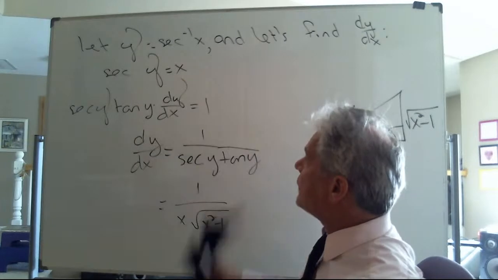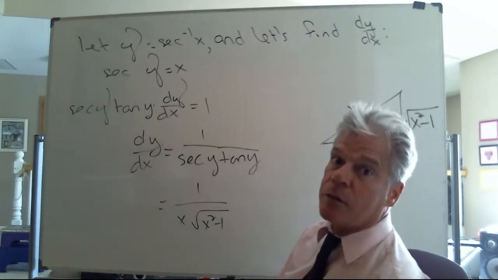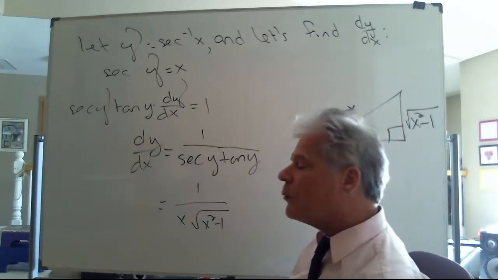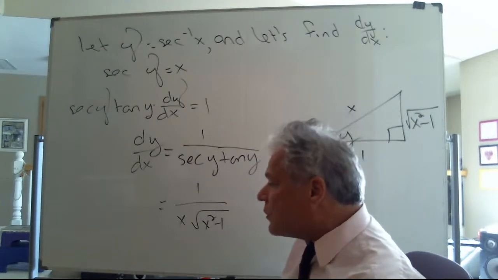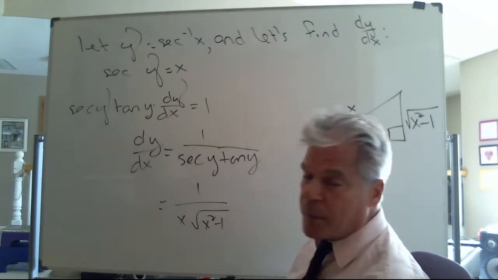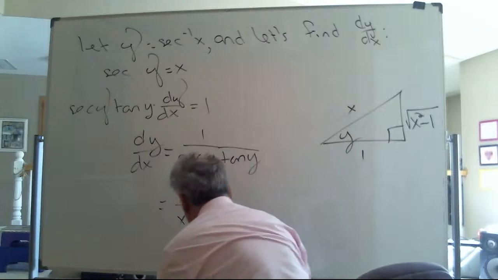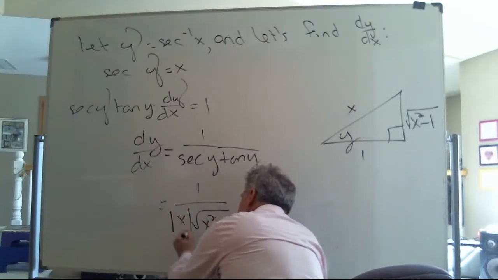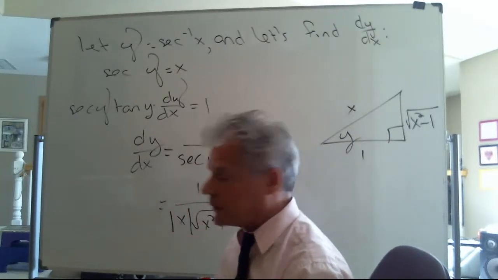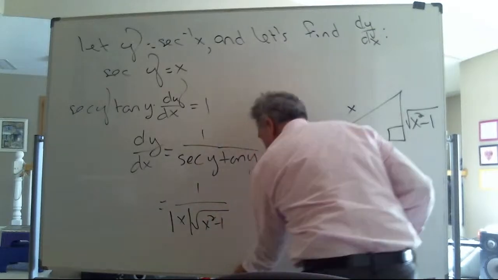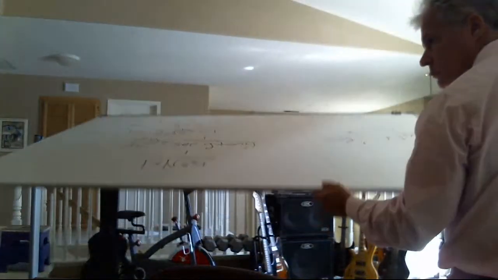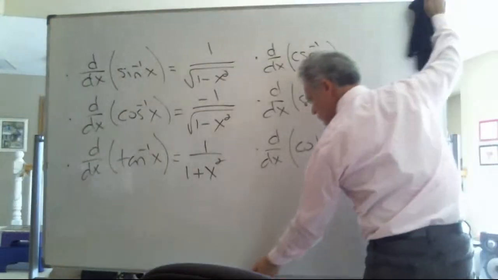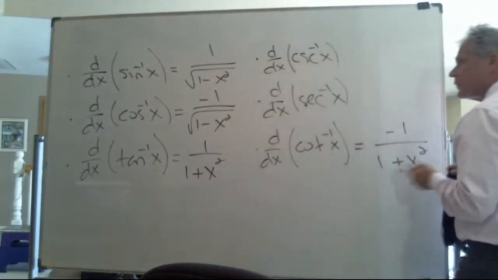And if you look at the graph of the inverse secant function, the slopes of tangent lines are always positive. So no matter what your restriction of the domain of the secant function was back in trigonometry, we need to make sure that that first factor is positive. So I have the absolute values in there. So the inverse secant has this derivative.